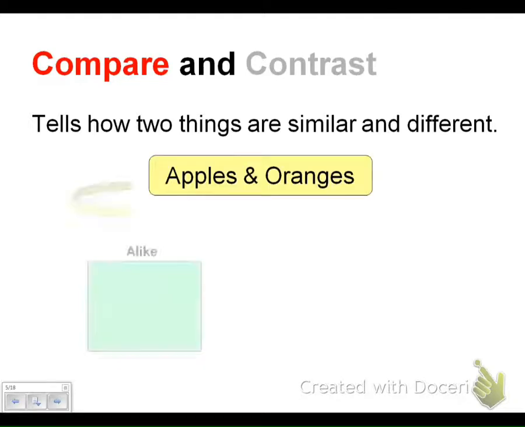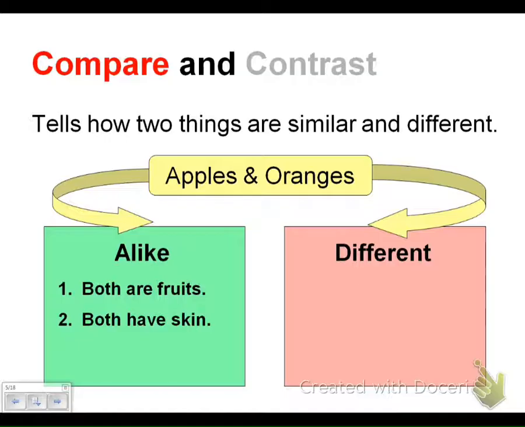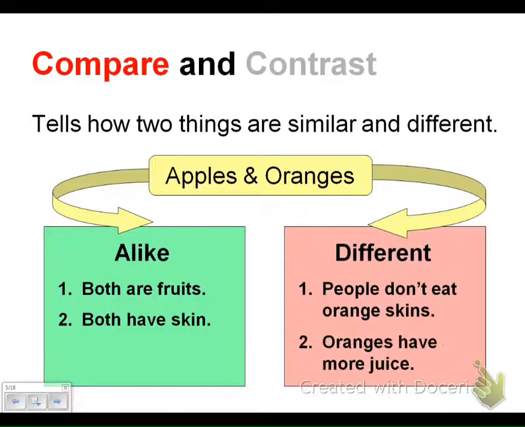For example, apples and oranges have some similarities, like they're both fruits, they both have a skin, and they're different because people don't eat orange skins. Oranges have more juice. So that would be a compare and contrast. Compare would be the alike part, contrast would be the difference.